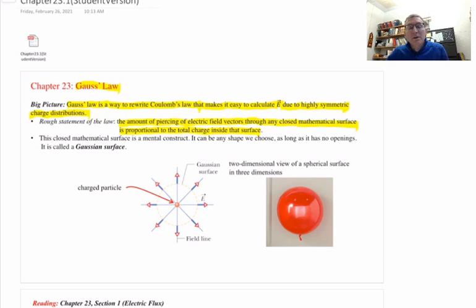So, a surface is something that can be purely mathematical, an idea in our heads, not something that you could actually touch. Or it could be a surface that you could actually touch. An example of that kind of scenario would be a balloon that somebody has blown up and tied off so that there's air trapped inside.